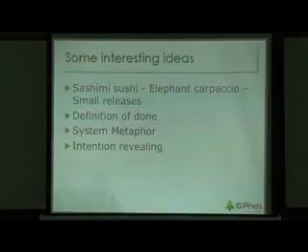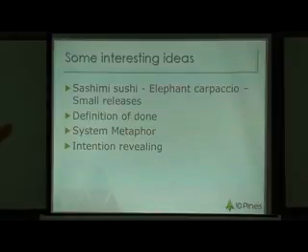Okay. So after that, there are some interesting ideas that I found working in Agile, that maybe have no direct relation with the previous ones, for example, sashimi or elephant carpaccio, small releases. The idea is to implement a feature point to point, with a little slice of the system.